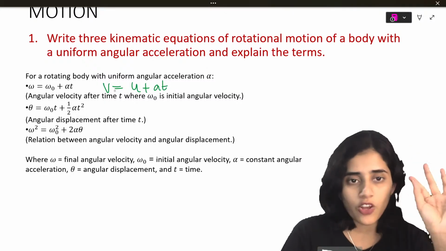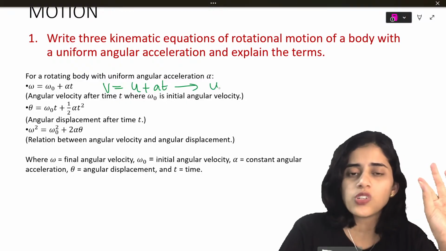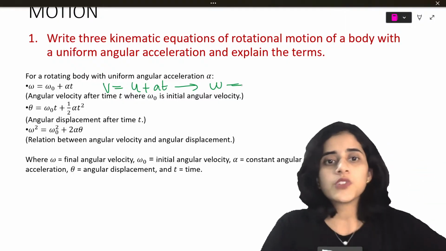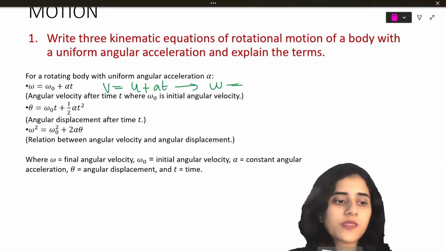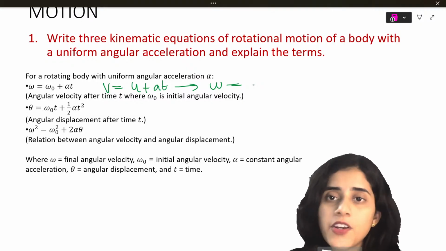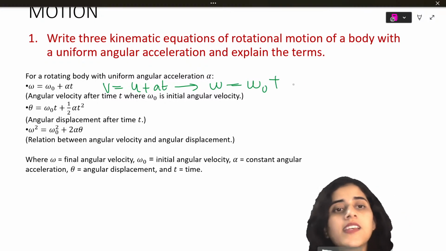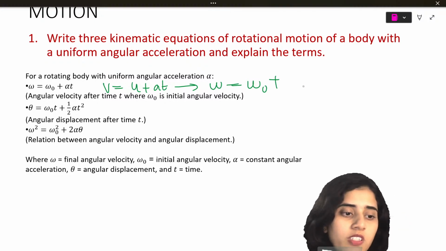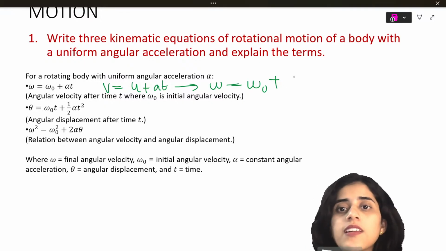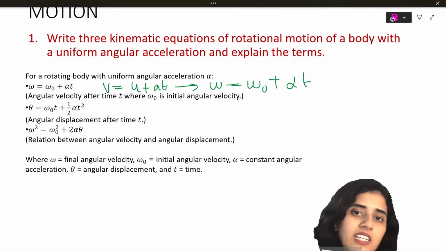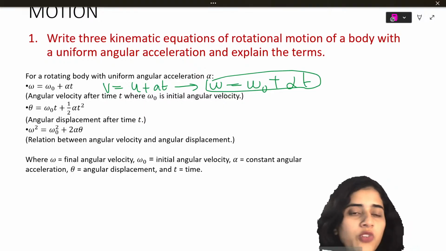V is linear velocity. So I have to convert V into angular velocity, omega, is equal to U is what? U is omega naught, initial angular velocity, plus acceleration becomes angular acceleration, alpha. Linear acceleration is A, angular acceleration is alpha. So alpha t. That's all that you have to do.